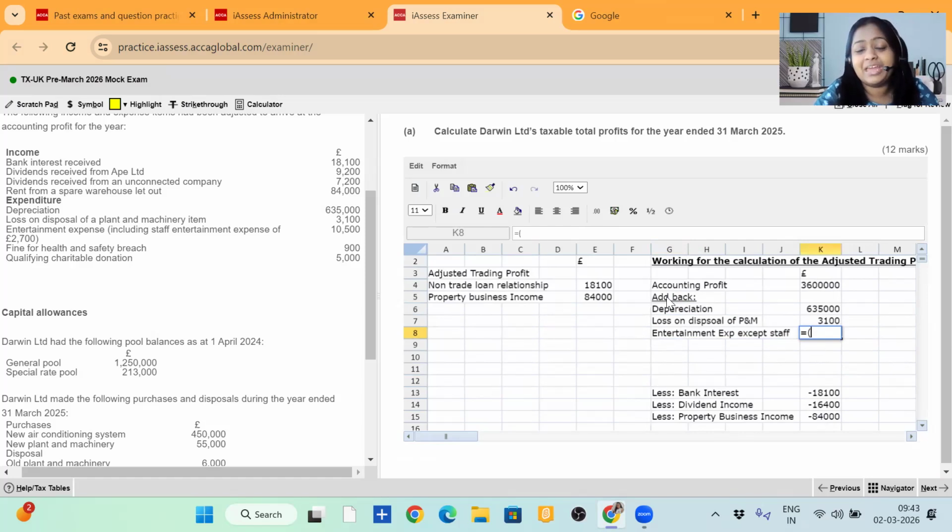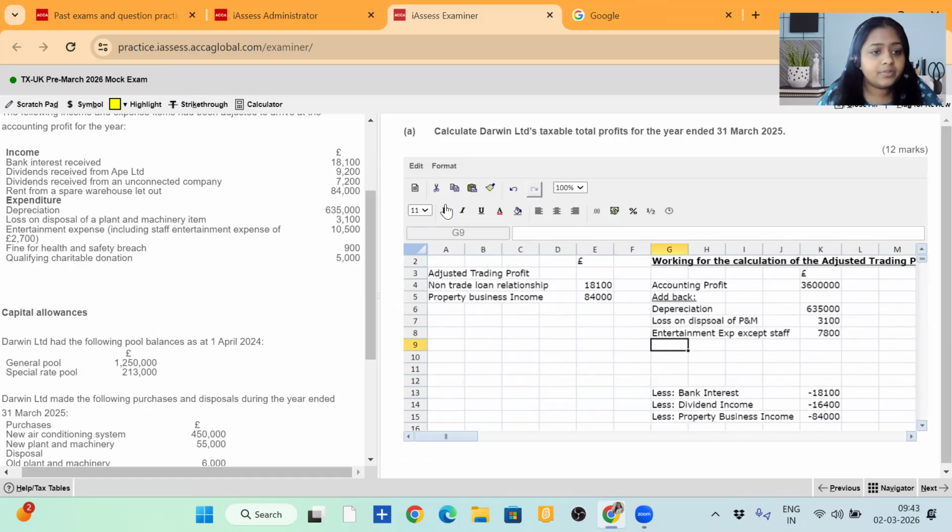So here we don't have any entertainment expenses allowed unless there is a gift to the clients and the gift is of low amount. Remember, it is not food, tobacco, voucher, and drink, all that. And it bears a company logo. Except for that, no entertainment expenses are allowed. Only staff entertainment is allowed. So here I'll take 10,500 less 2,700 that we will add back.